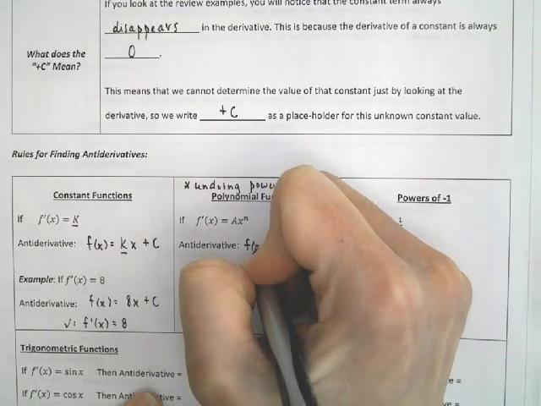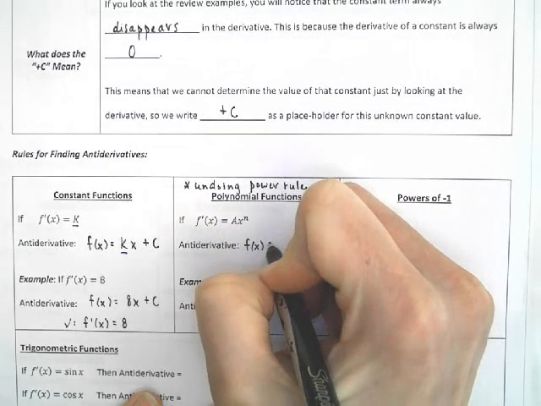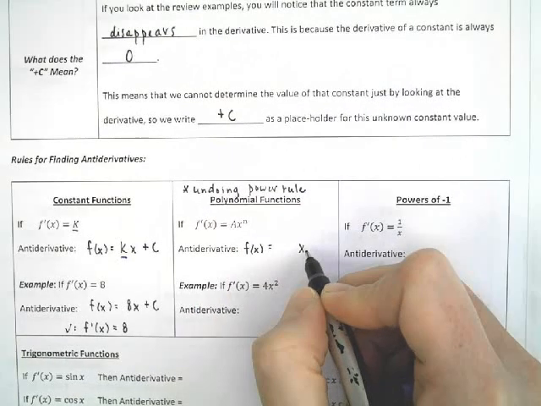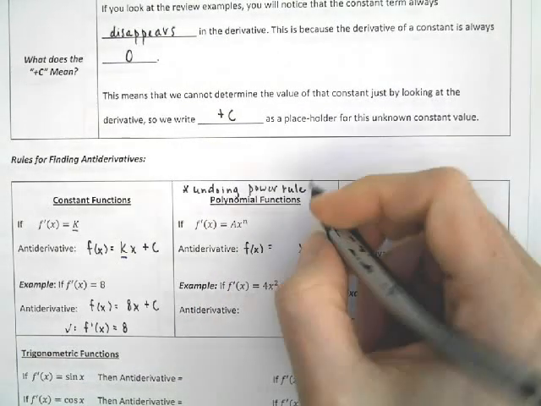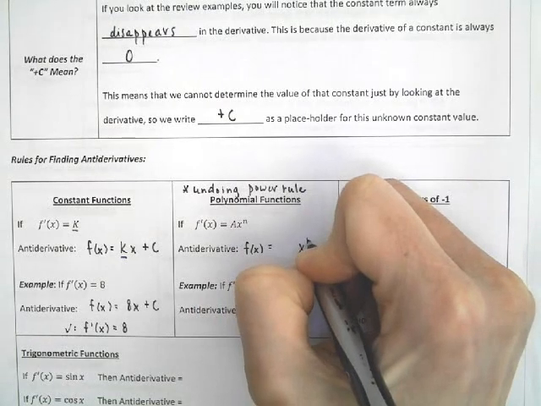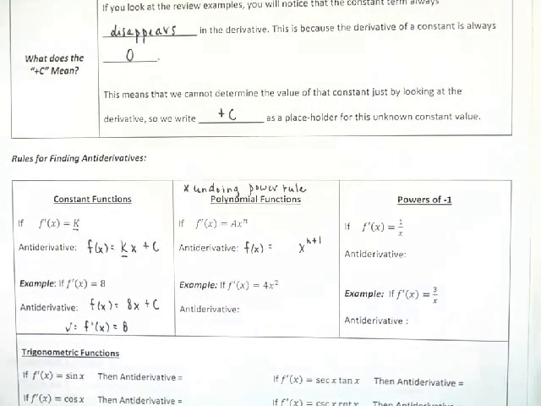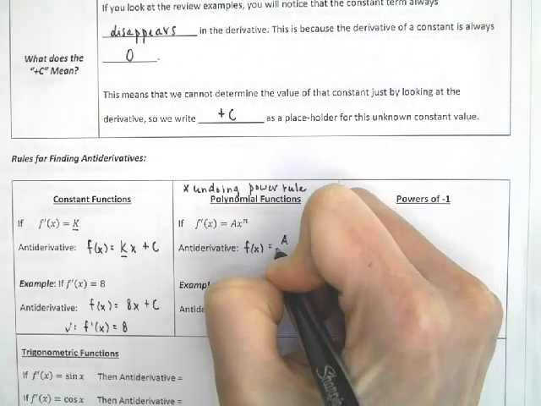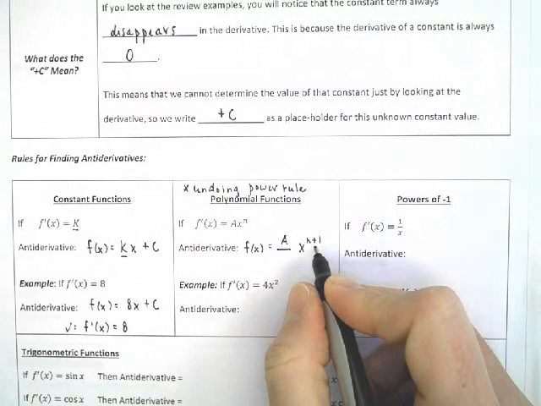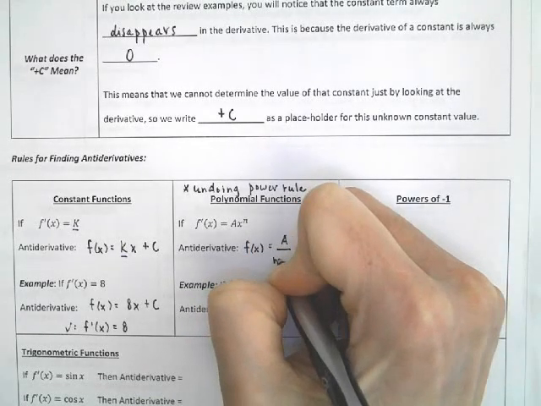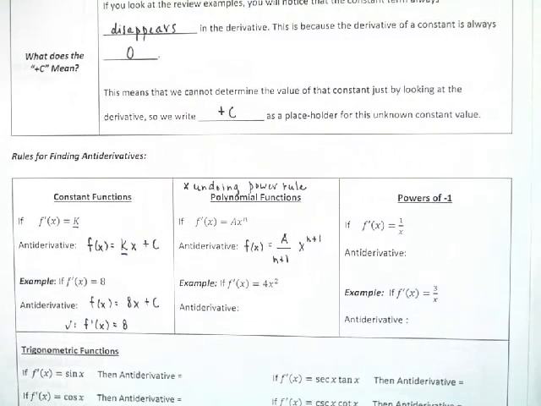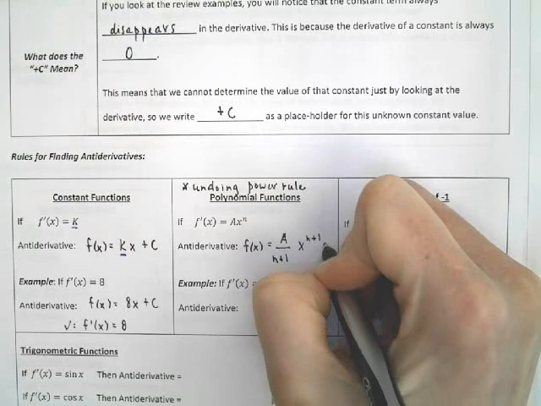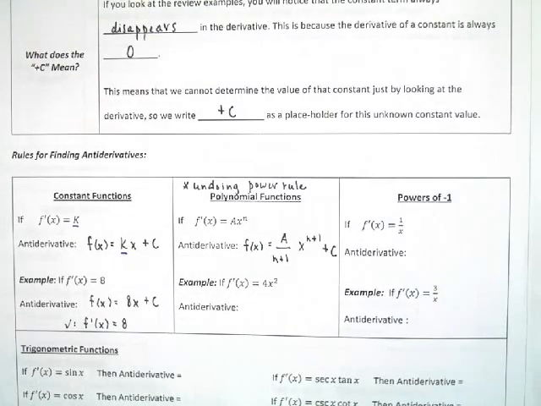If I have f of x, I'm going to start with my x. Instead of subtracting 1 like I do with the derivative, I need to add 1 to that exponent. So instead of n, that becomes n plus 1. Now I still have my a out front, but instead of multiplying by that new exponent, I'm going to divide by it. So I have a over n plus 1 times x to the n plus 1 plus c.